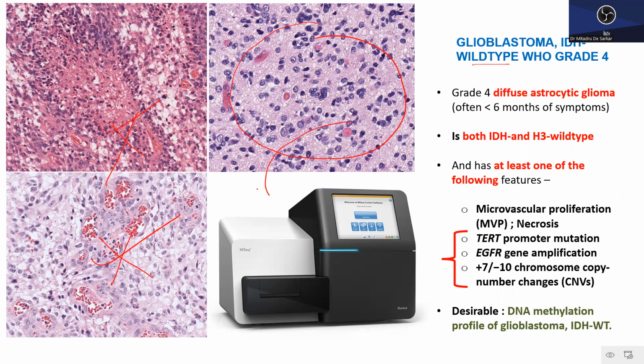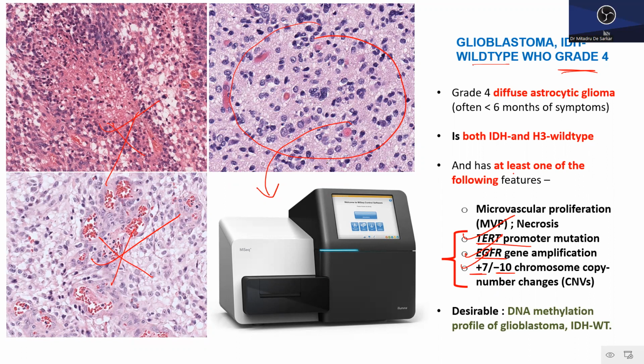But if you were to submit it to next generation sequencing and DNA promoter methylation assays, if you came up with things like a TERT promoter mutation, or maybe an amplification of the EGFR gene, or a gain in chromosome 7 or a loss in chromosome 10, your histologically established diagnosis of a grade 2 or grade 3 would get upgraded to a grade 4 IDH wild type glioblastoma.